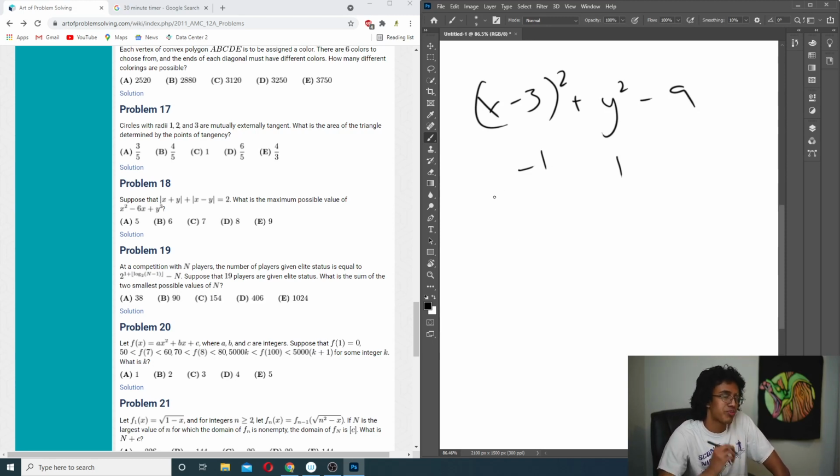So you want x to be as negative as possible, right? So if x is negative 2, then y has to be negative 1, right? Because then, no, but then that's way too big, because it'll be like negative 4 or something, negative 3, so it'd be, yeah, that's way too big.